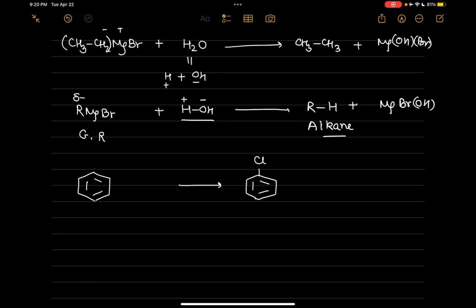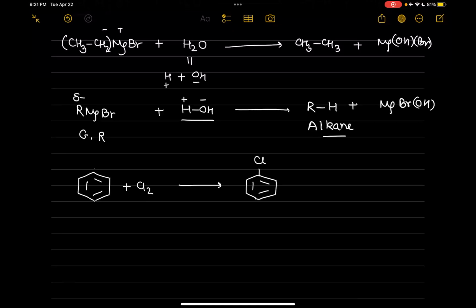In alkanes we took chlorine and sunlight. In benzene, what do we need to take? Ibrahim, Jasleen, and Zainab, just try to recall. First of all, I am putting chlorine, so I need to take Cl2.